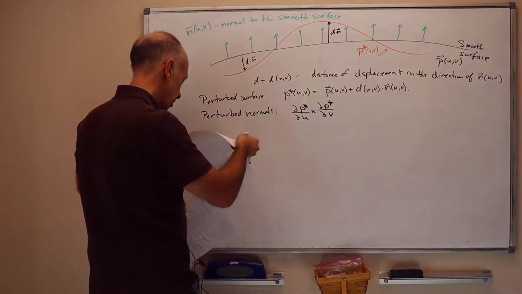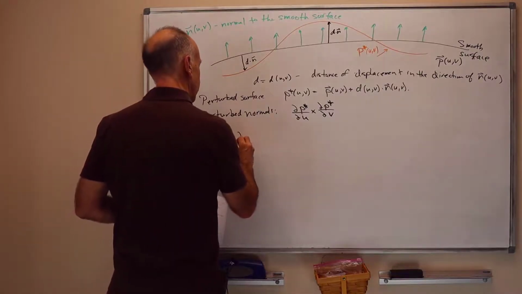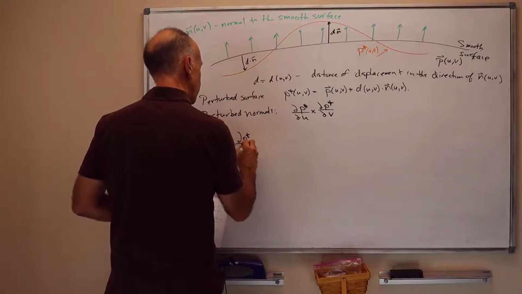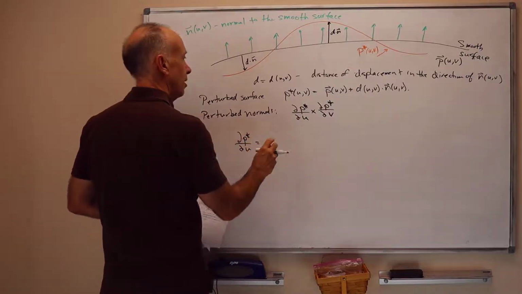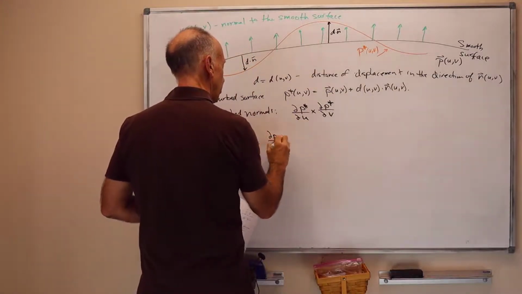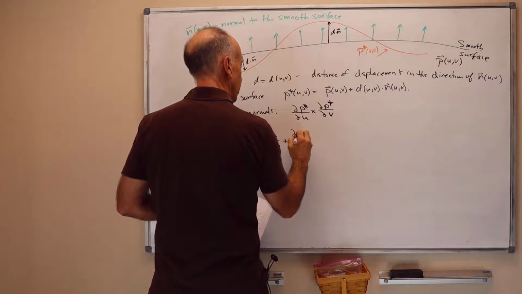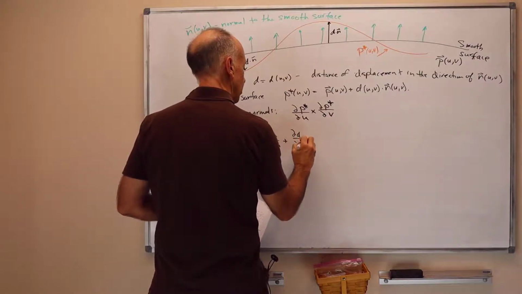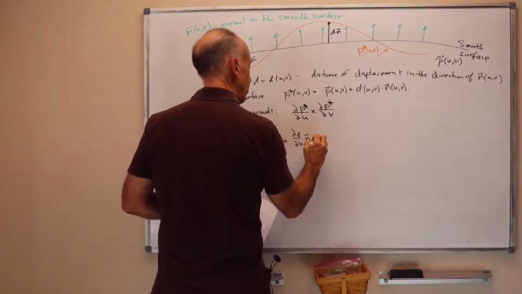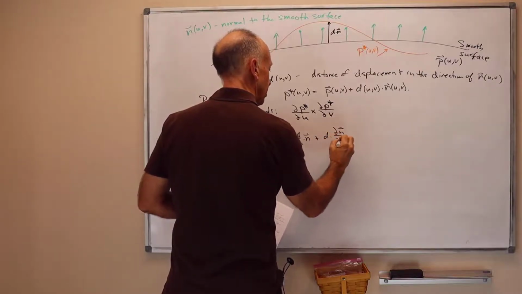So we just need formulas for the partials of P star. The partial of P star with respect to u, I'm going to use this formula here. So I've got the partial of P with respect to u, plus, using the product rule, the partial of d with respect to u times n plus d times the partial of n with respect to u.